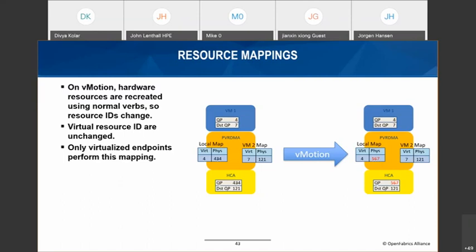But the maps in the backend need to be updated. For example, we allocate a new queue pair on the destination, and that might not have the same queue pair number as on the source. So we need to register that updated translation, and in effect also notify peers of the VM that when they use a specific queue pair number inside the VM, it now needs to be translated to a different physical queue pair number.